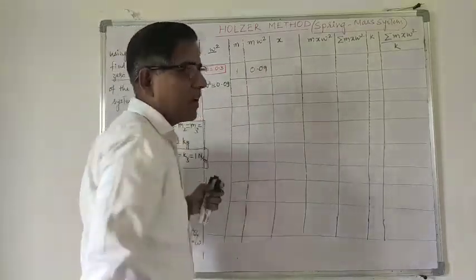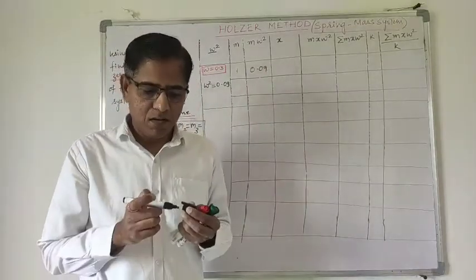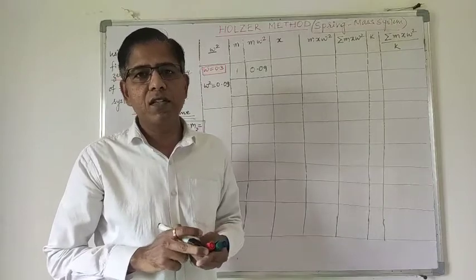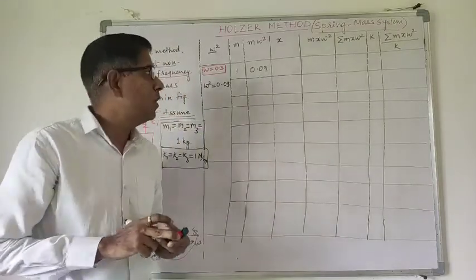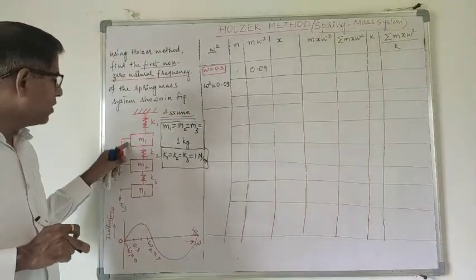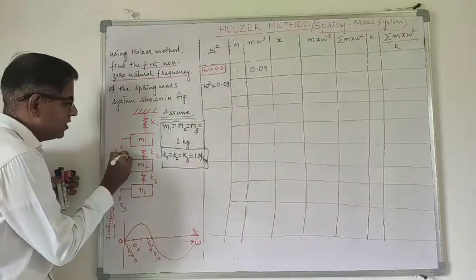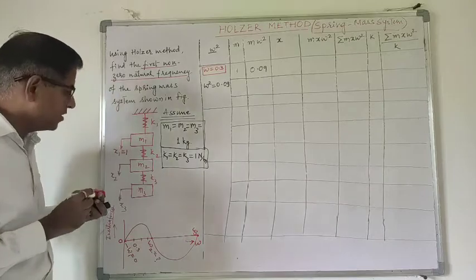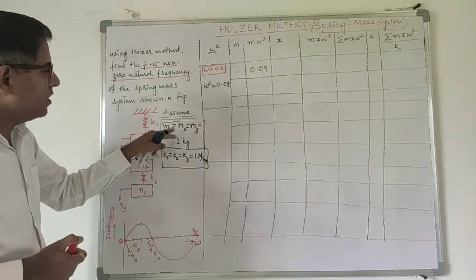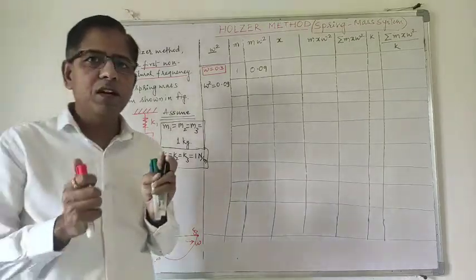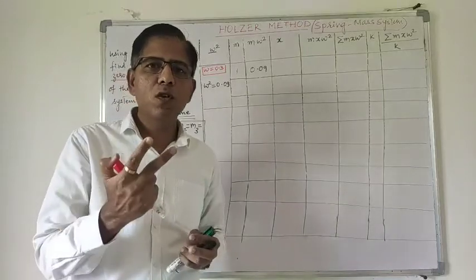Now here the second important assumption of the Holzer method is that we always assume the initial displacement of the mass 1 is equal to 1. So this is the second assumption. So this assumption is problem specific, but according to the Holzer method there are 2 assumptions.